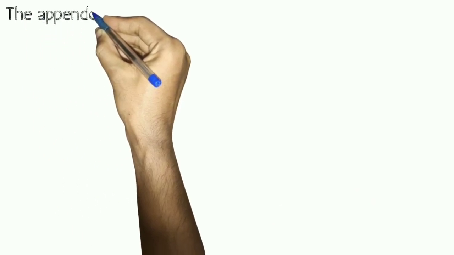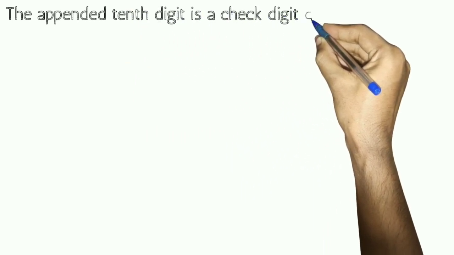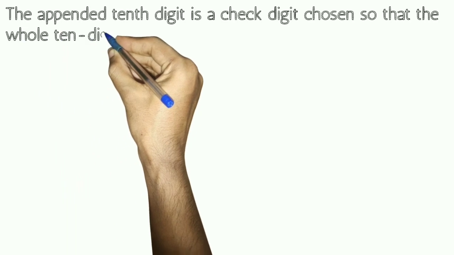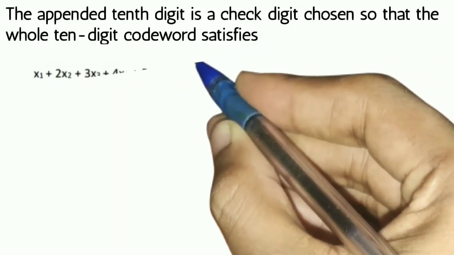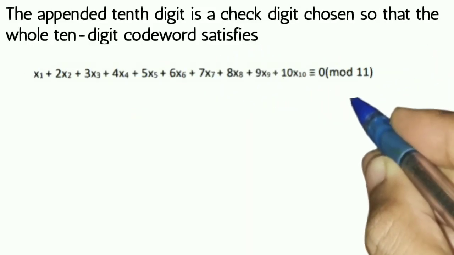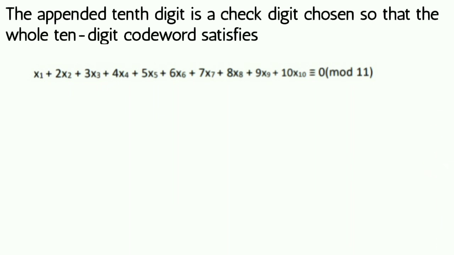The appended 10th digit is a check digit chosen so that the whole 10-digit code word satisfies the following: x sub 1 plus 2x sub 2 plus 3x sub 3 plus 4x sub 4 plus 5x sub 5 plus 6x sub 6 plus 7x sub 7 plus 8x sub 8 plus 9x sub 9 plus 10x sub 10 is congruent to 0 mod 11.